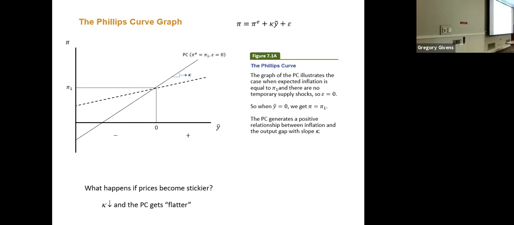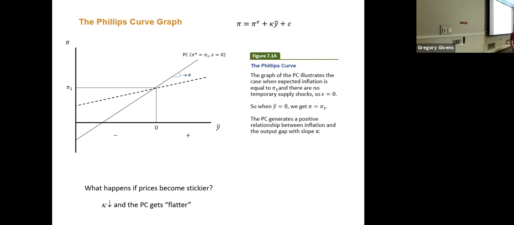Okay? Hopefully you see that when that's the case, there's going to be a more severe trade-off that the central bank faces in trying to stabilize inflation and the output gap. Now, Derek, in order to lower inflation by, let's say, 1 percentage point, what does the central bank have to do? Generate an even bigger negative output gap.